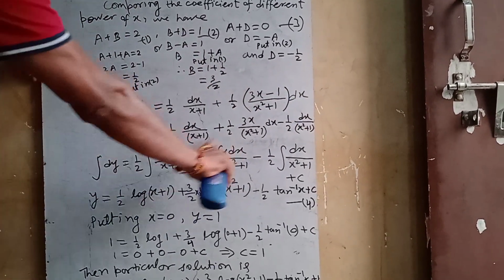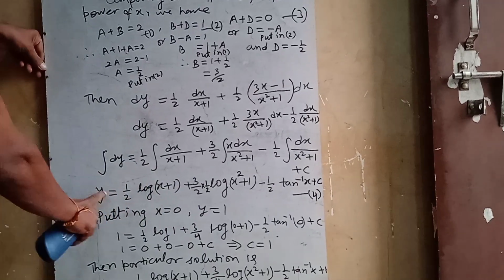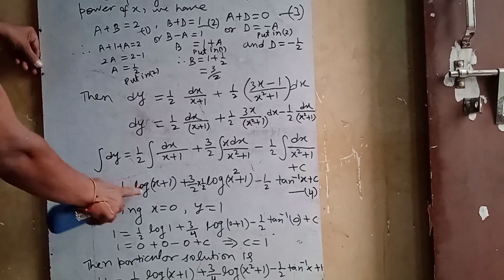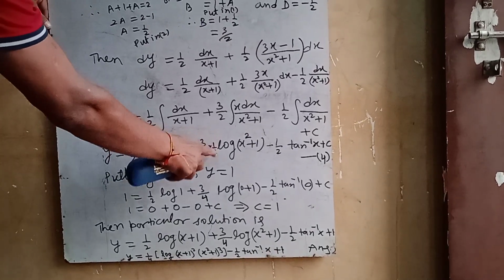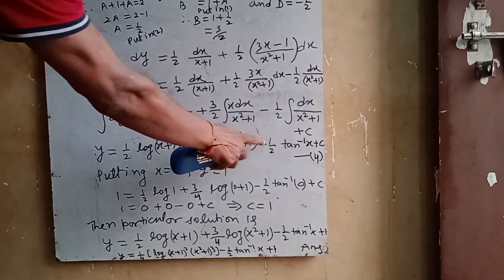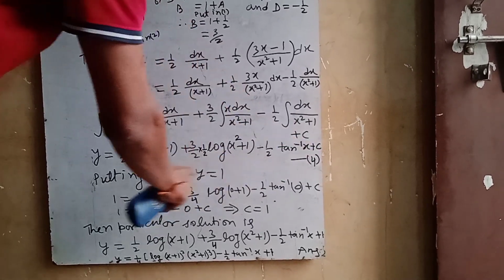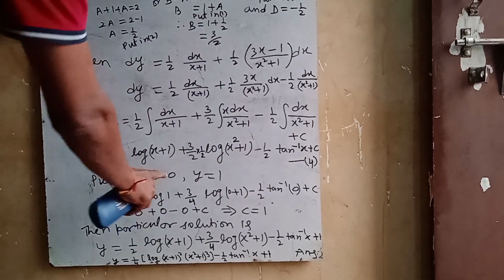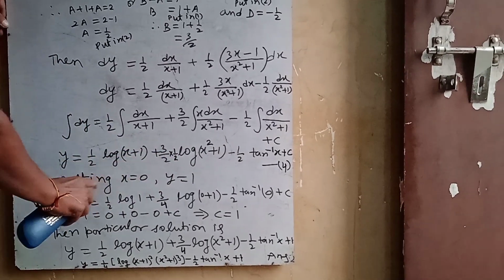And on integrating, we get this fraction. So y equals half log x plus 1 plus 3 by 2 into half log x square plus 1 minus 1 upon 2 tan inverse x plus c. Now in the question it is given that when y is equal to 1, then x equals 0.